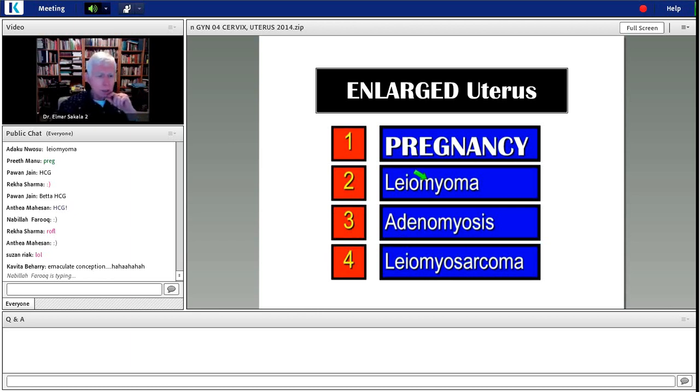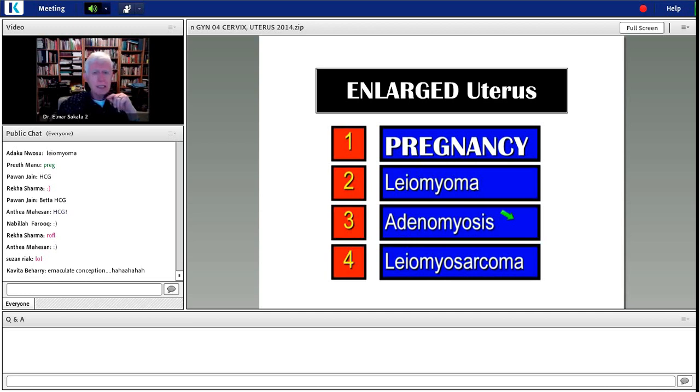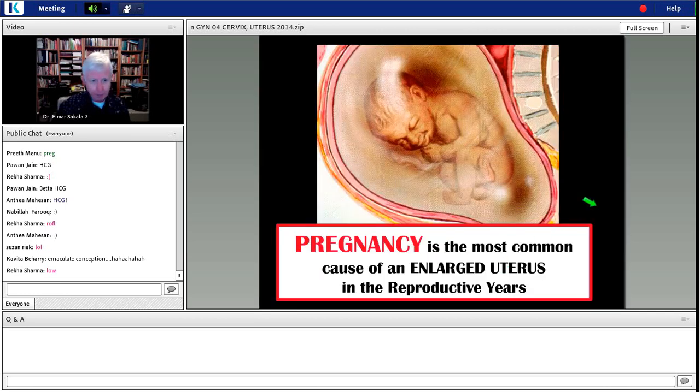The likelihood of a leiomyoma degenerating into a leiomyosarcoma is only 1 in 1,000. It is very rare. So we don't look at leiomyomas as being precancerous. And this is so rare, I'm not even going to talk about it. I don't think they're going to ask any questions on the exam. But remember, the most common cause of an enlarged uterus in the reproductive years is pregnancy, next step in management, beta HCG.